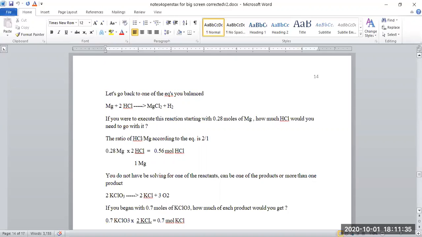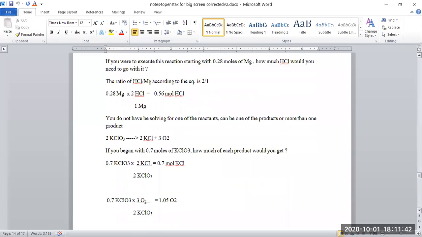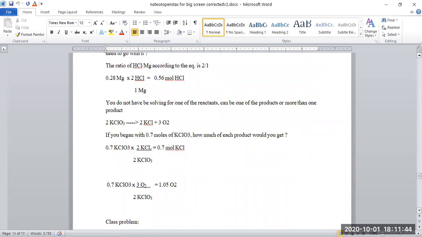Sometimes the thing that you are looking for is a product and not another reactant. So I picked on another different reaction here, one that didn't have any ones. 2 potassium chlorates, 2 KClO3s, make, after you cook it, 2 potassium chlorides and 3 oxygens.